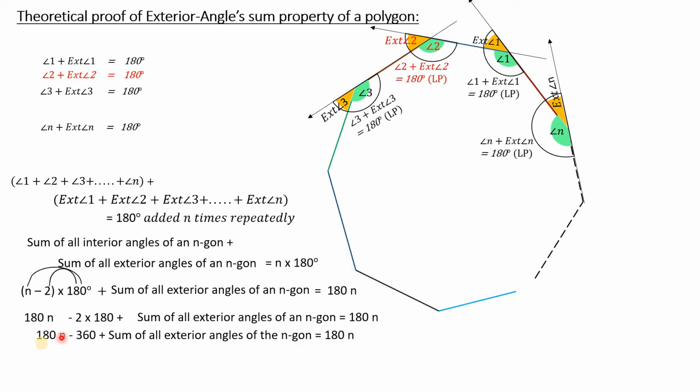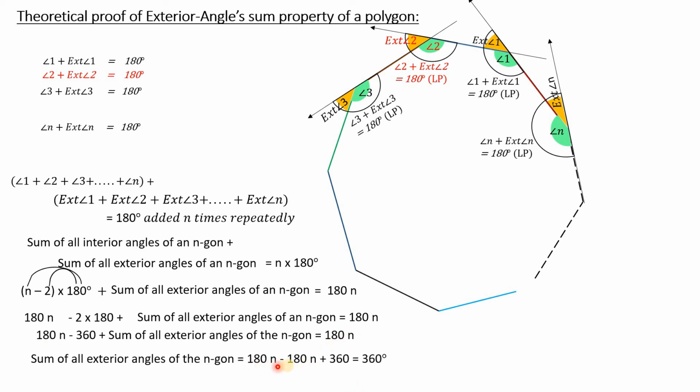So now 180n is one term and minus 360 is another term. These two terms are shifted to the right hand side, so that you will have only the sum of all exterior angles of the n-gon here. When you move a term to the right hand side, the positive term becomes negative, and the negative term becomes positive. So the sum of all exterior angles of the n-gon is equal to, we have shifted the 180n to the right hand side, so it becomes minus 180n.